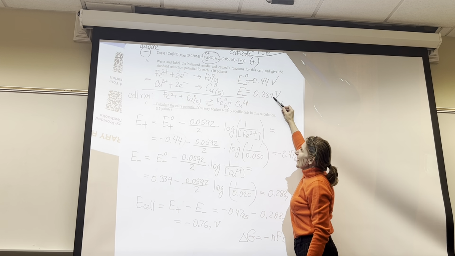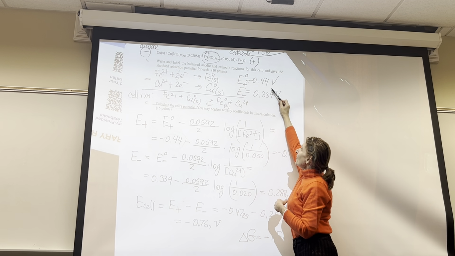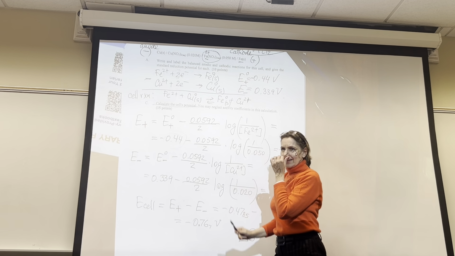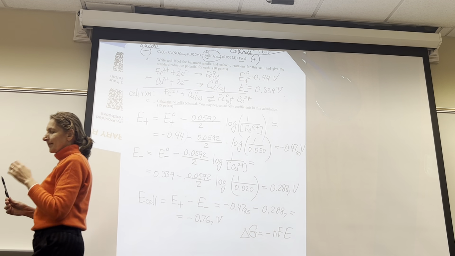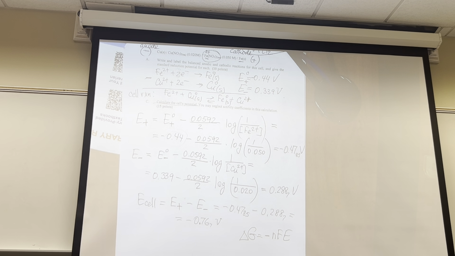So this reaction is easier to be a reduction, and that is much easier as an oxidation, right? But you can do it, you just need to put work in. All right, other questions?